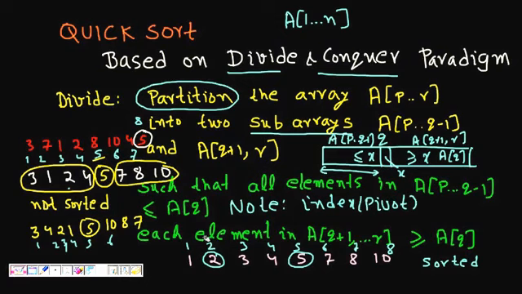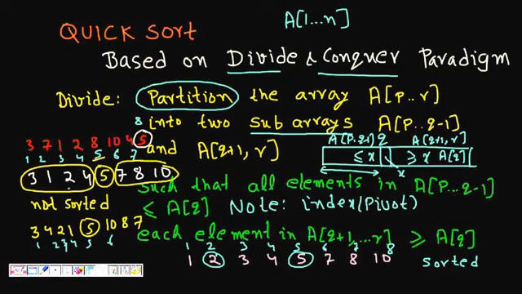So after the divide part, we get an array where we fix the position of the pivot element, so it goes to its correct position. And then what we do is call QuickSort on the left subarray and the right subarray so that we can sort them.